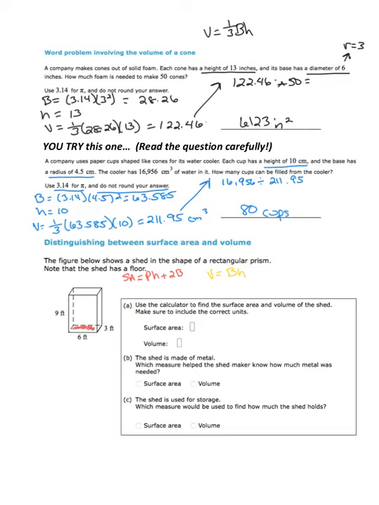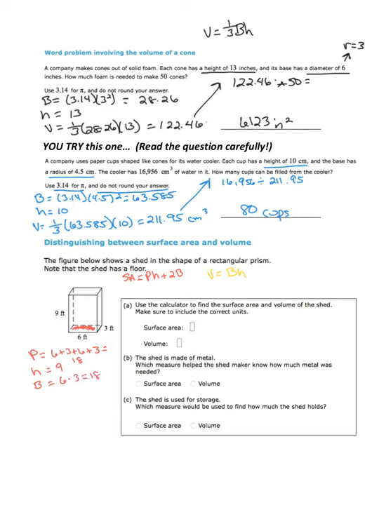So the perimeter equals 6 plus 3 plus 6 plus 3 equals 18. Okay? The height is the distance between the two bases. The height would be 9. And the area of the base is 6 times 3 equals 18.